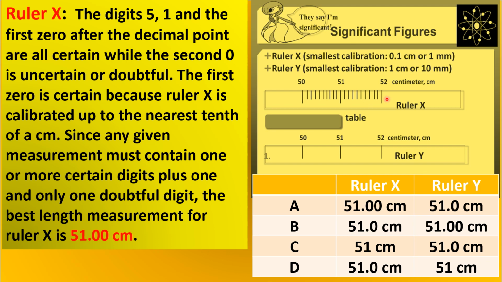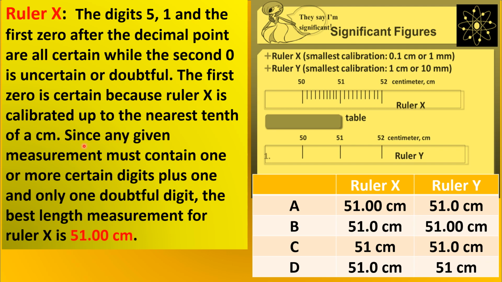So therefore, if you're going to use the definition of significant figures, it looks like the digits 5, 1, and the first 0 after the decimal point are all certain, while the second 0 is considered uncertain or doubtful. The first 0 is certain because ruler X is calibrated up to the nearest tenth of a centimeter.